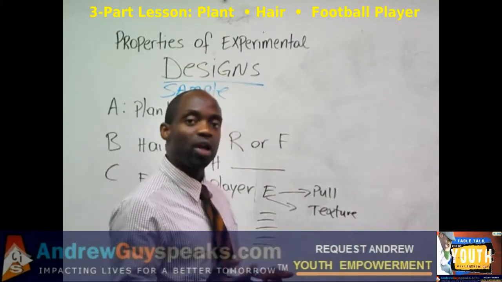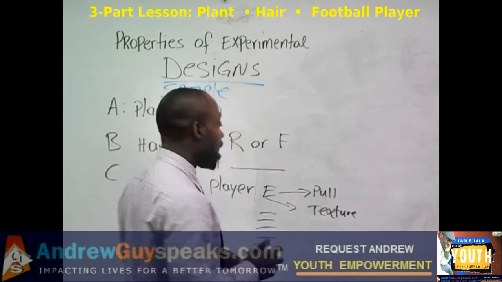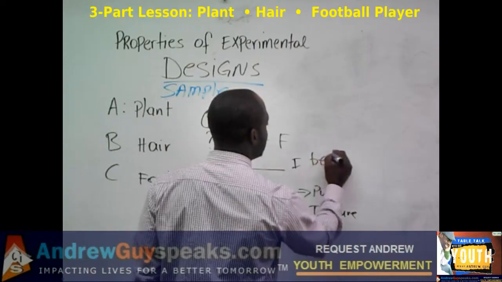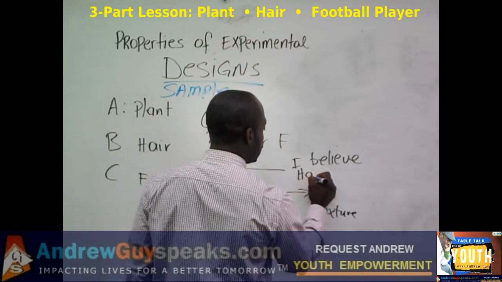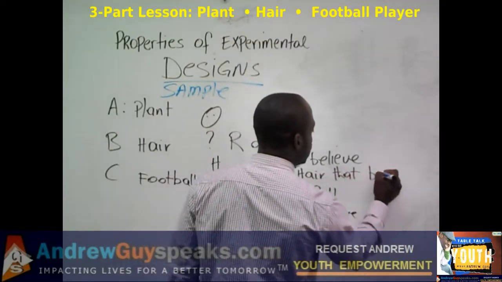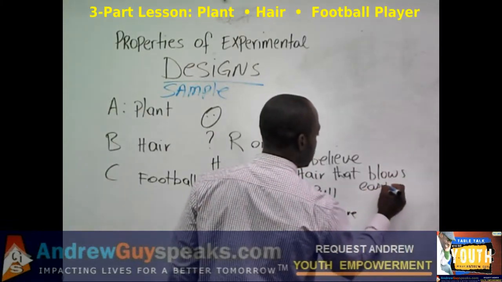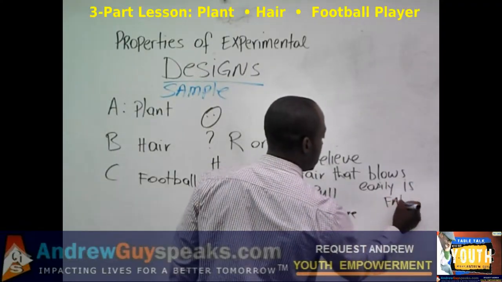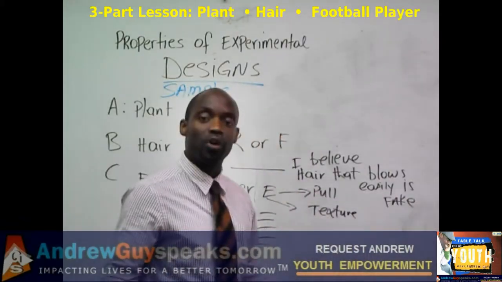You do at least 5 trials to prove that your hypothesis is correct. Now, I don't have to put I, but I'm going to put I believe hair that blows easily is fake. So I can use that as my hypothesis. Then I would have to go back and prove it.